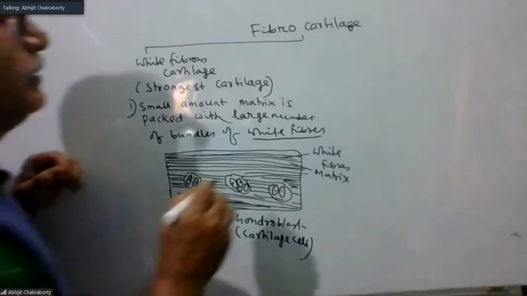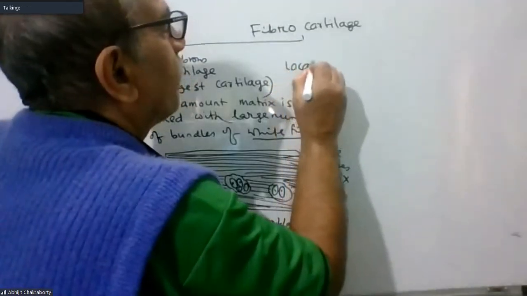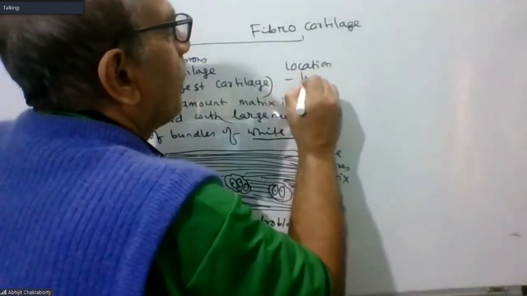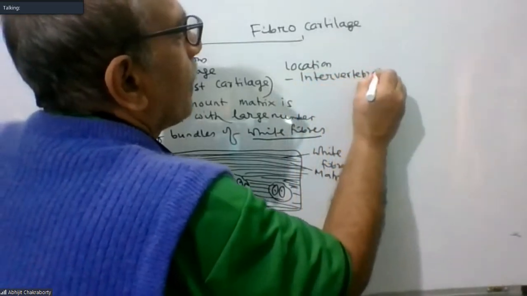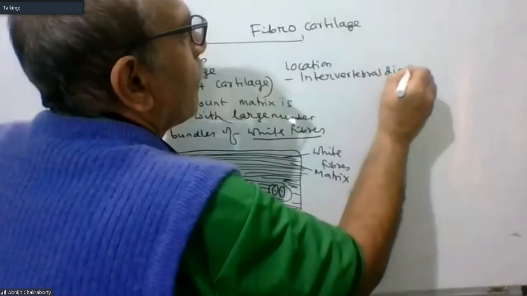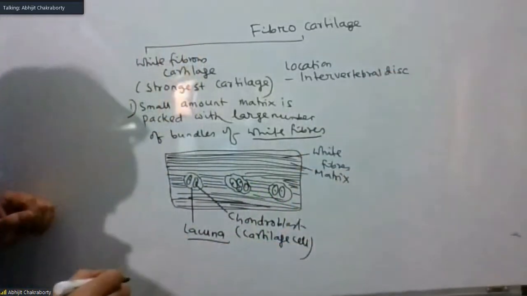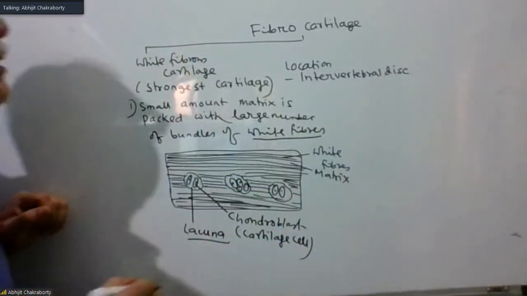Where will you get it? Location: intervertebral discs. Point 1, intervertebral disc.